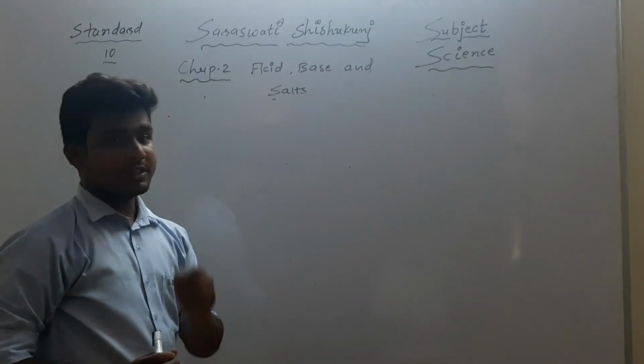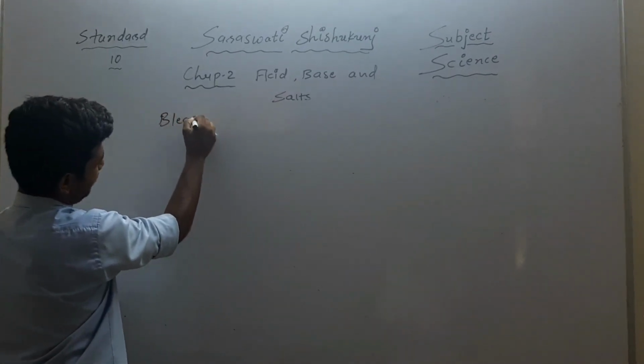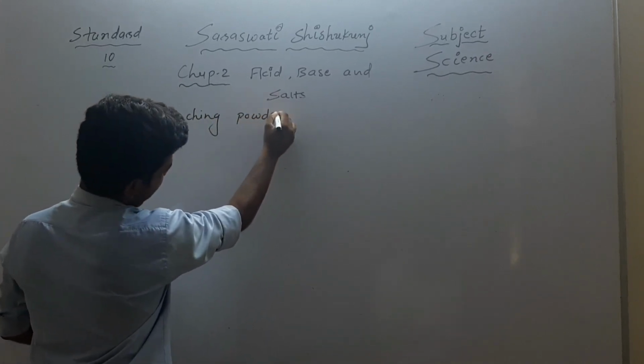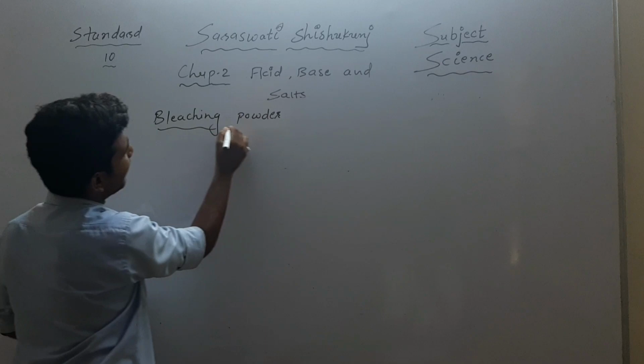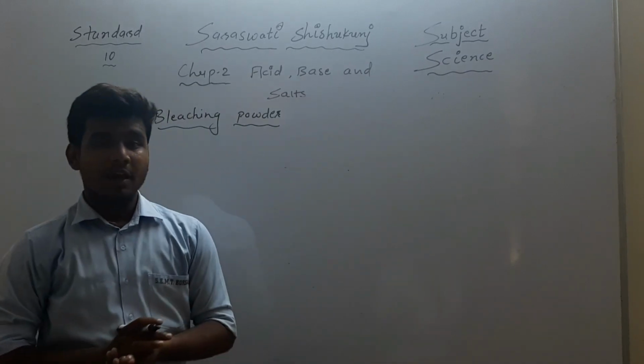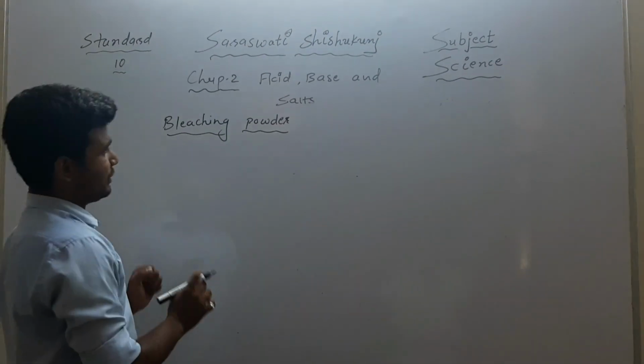Let's talk about another compound, and that is our bleaching powder. In the chlor-alkali process, we have obtained chlorine. Now that chlorine we can use here.